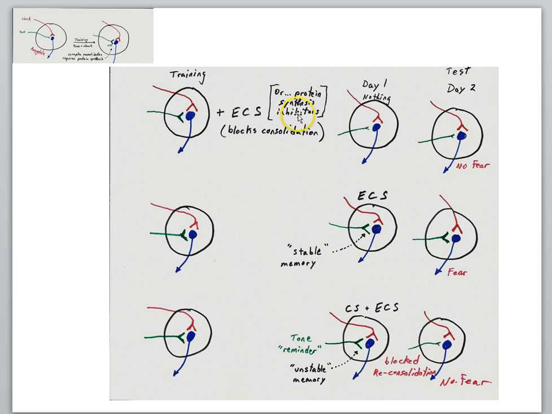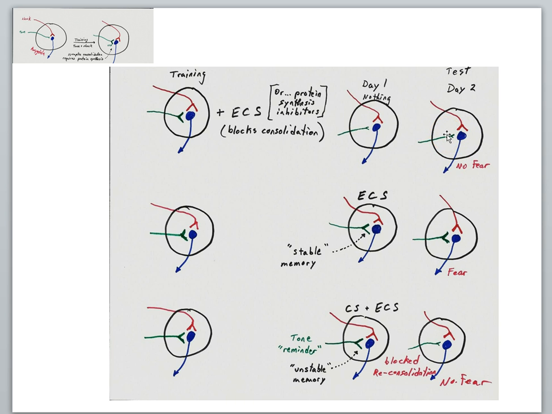And it's possible that the ECS or protein synthesis inhibitors, what's going on here is you're preventing the late phase of LTP. So if you give ECS right after the training, then you're not going to allow the molecular consolidation to happen here.